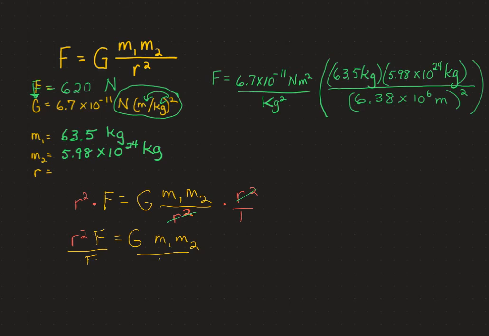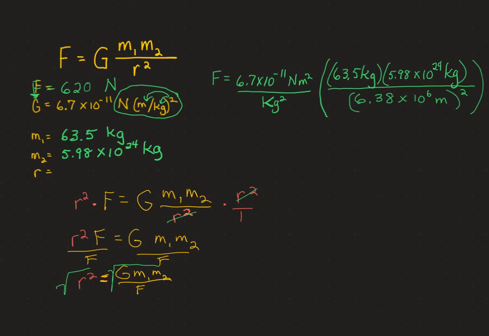We have to get rid of that F by dividing both sides by that. We have r squared equals G M sub 1 M sub 2 divided by F. But this is a squared R. To get rid of that, we're going to have to take the square root of both sides.